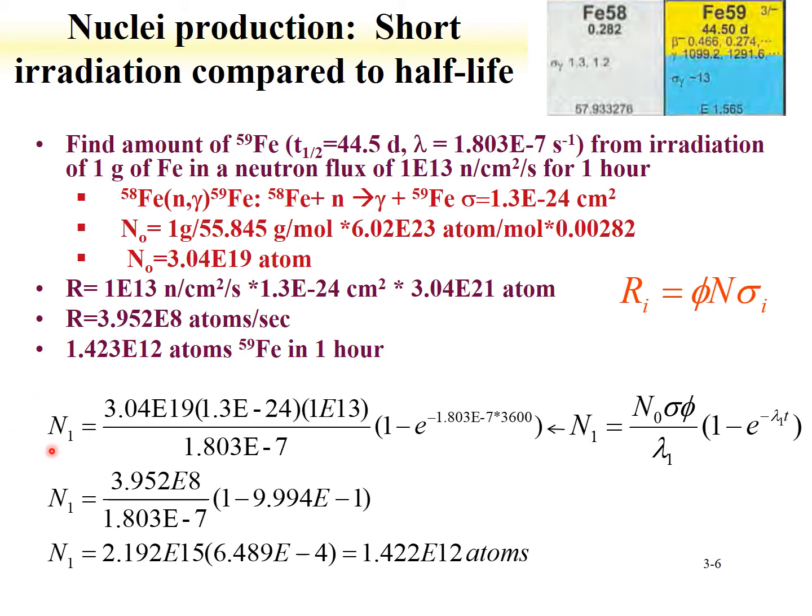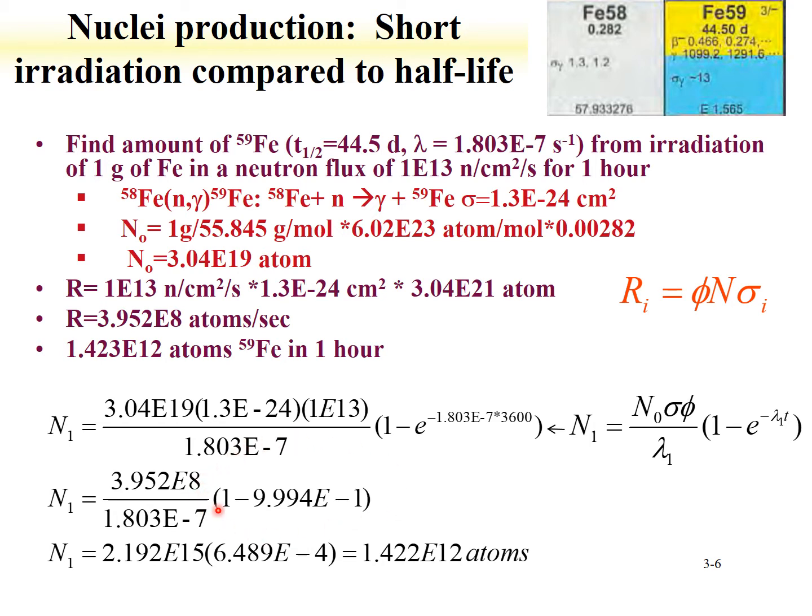The number of iron-59 atoms that are made is equal to the number of target atoms times the cross section times the flux divided by the decay constant times 1 minus e to the minus decay constant times the time. And that's the only place where the time really comes in. And this is basically providing a saturation factor.